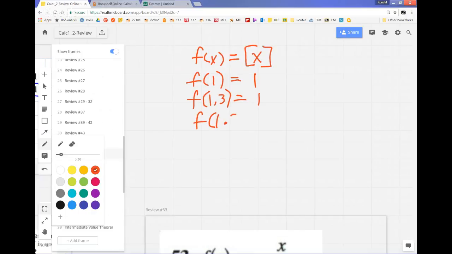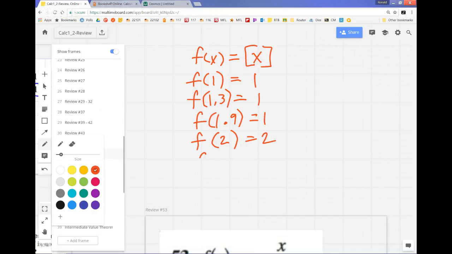So for all these different one-and-a-fraction numbers, you're going to keep getting a 1. You know what integers are, those thermometer numbers. Give me back the greatest integer that's less than or equal to the number I gave you. And as soon as you go to 2, the greatest integer less than or equal to that is 2.